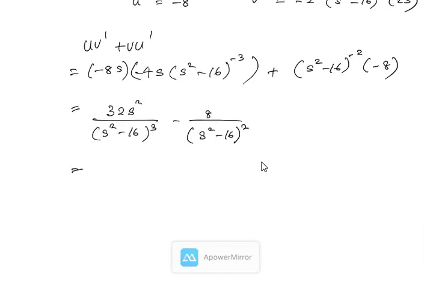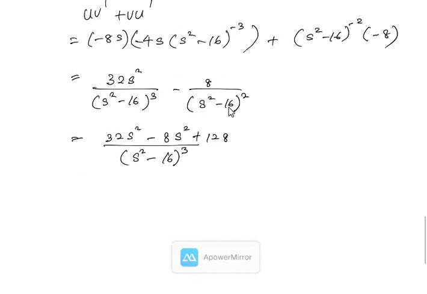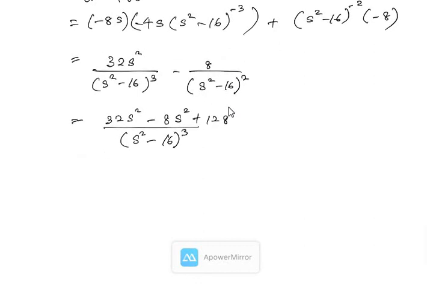So I can simplify this one. I put the denominator equal to (s squared minus 16) to the power of 3. So this one I copy down, equal to 32 s squared minus, and for this side I multiply with (s squared minus 16). So you have 8s squared minus 128. Okay, that is 8 times 16, you get 128.